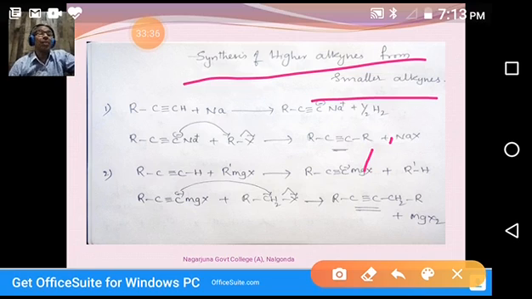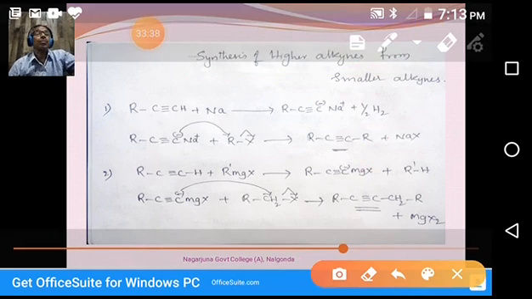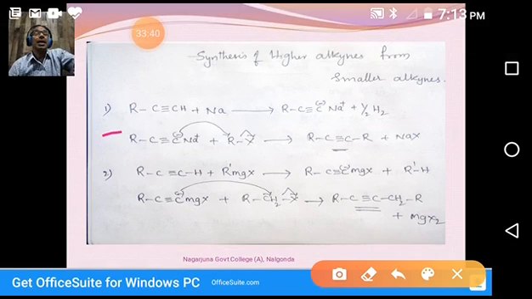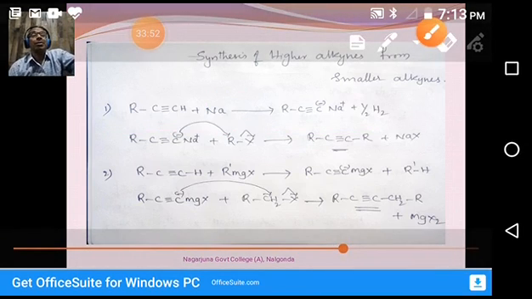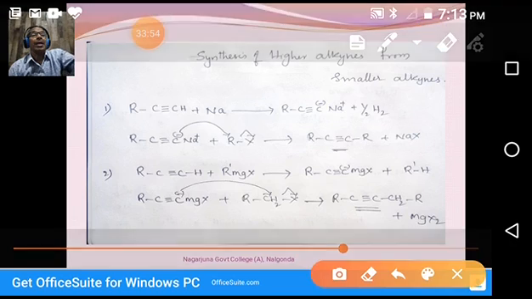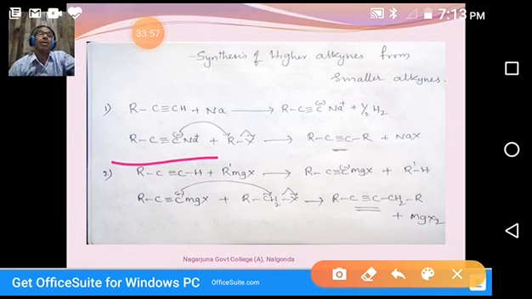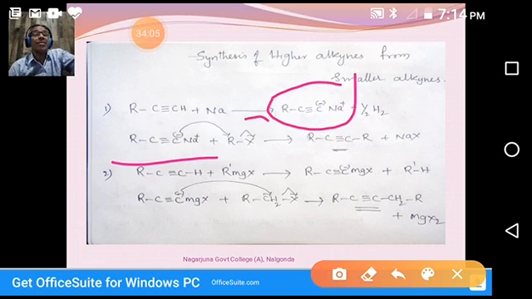Let's take one example here. So you see, this is an alkyne, and its reaction with sodium forms its corresponding sodium alkynide. Another reaction: this generated carbanion reacts with the alkyl halide.